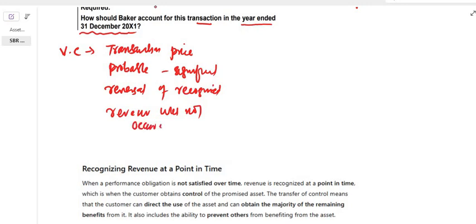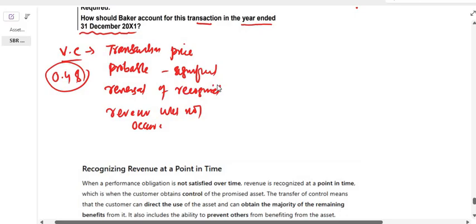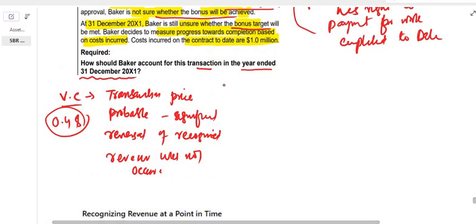So here the variable consideration of the bonus of this amount should not be included in the transaction price because it is not highly probable that there will not be a reversal of recognized revenue. Okay, so this is all about the variable consideration. So this 0.45 million should not be included.